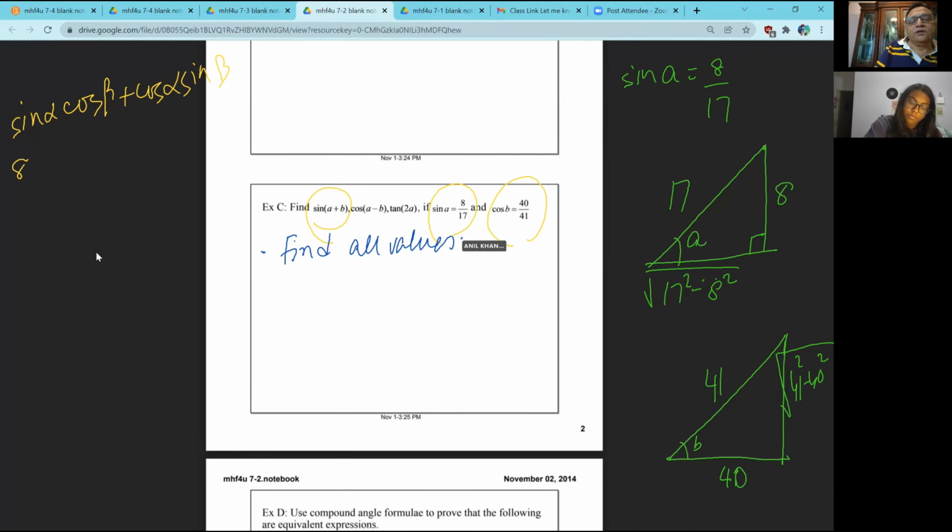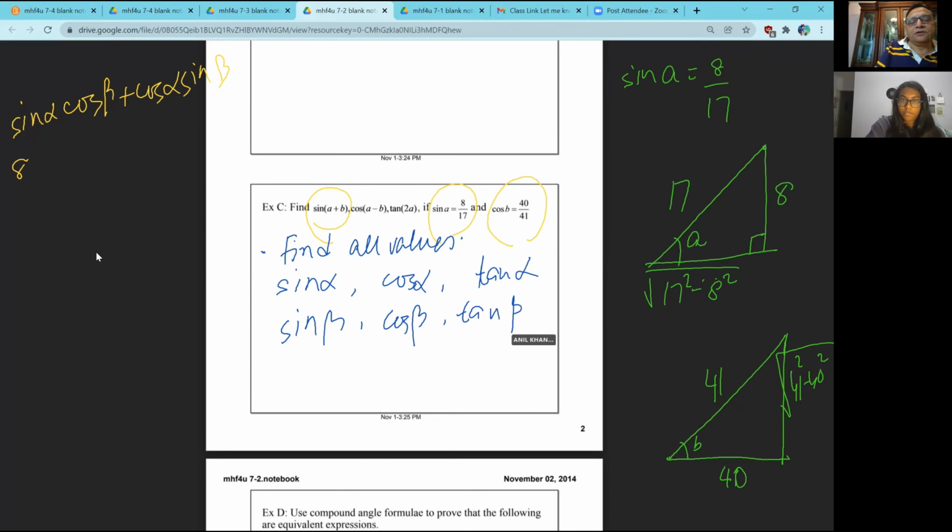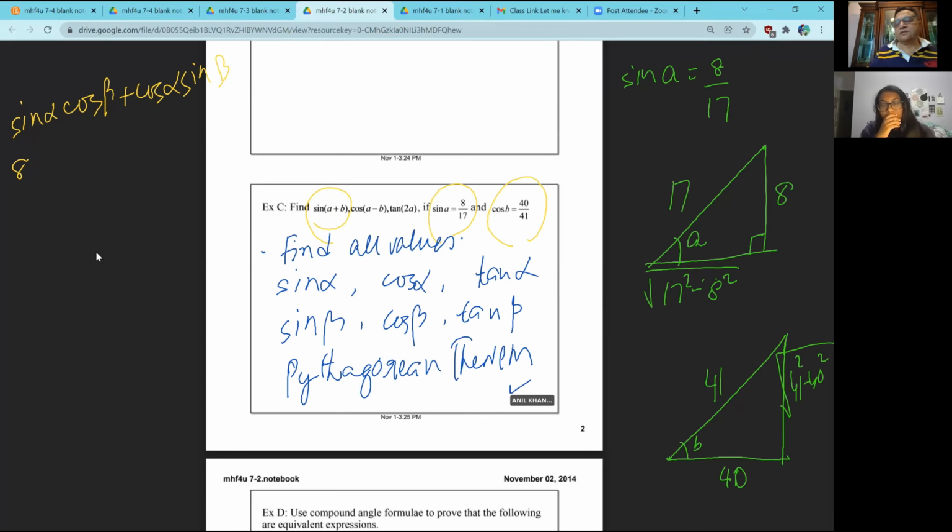Means we know sine alpha, find cos alpha and tan alpha. Is that clear to you? Yeah. And then we have sine beta, cos beta, and tan beta. How do you do them? Pythagorean theorem. That is the first, right? So what do you get? 17 squared minus 8 squared is how much? Square root.